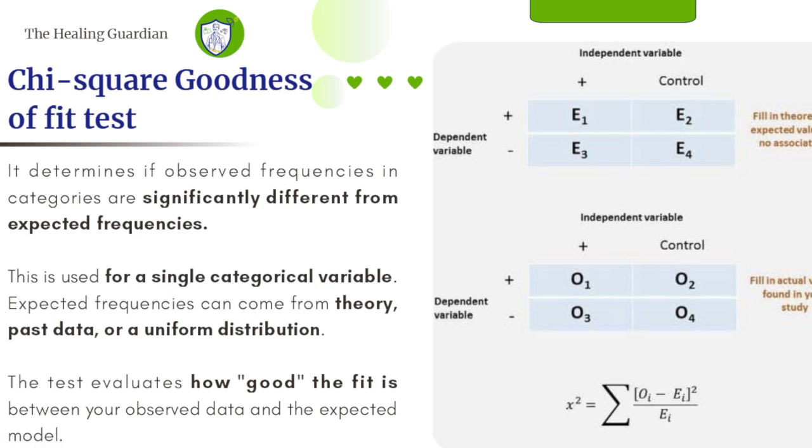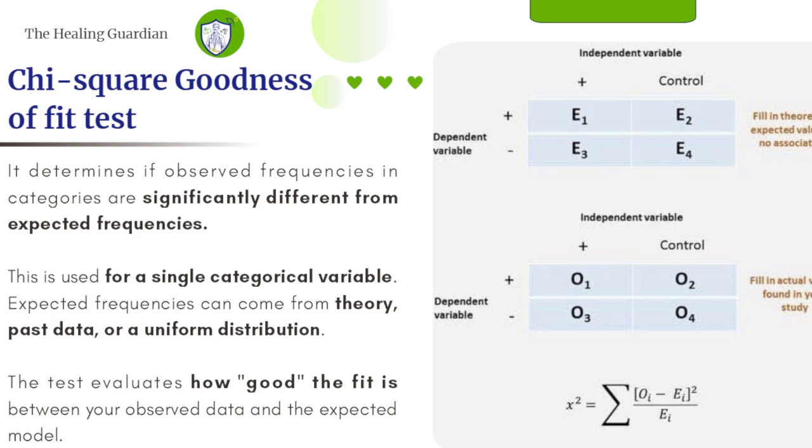This illustration here is just showing that we have your observed answers: observation 1, observation 2, observation 3, observation 4. Then you get the expected one. Maybe you get a table from past data.